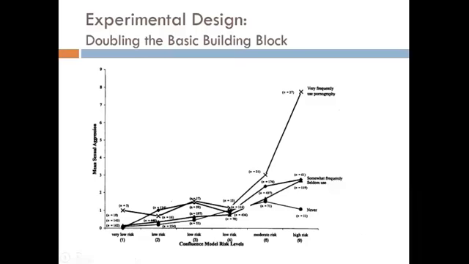Now, if we had only used one independent variable, confluence model risk level, let's say, instead of having these 4 lines, these 4 different points, for example, here on the high risk category, we would have 1 point that represents the average of these 4.